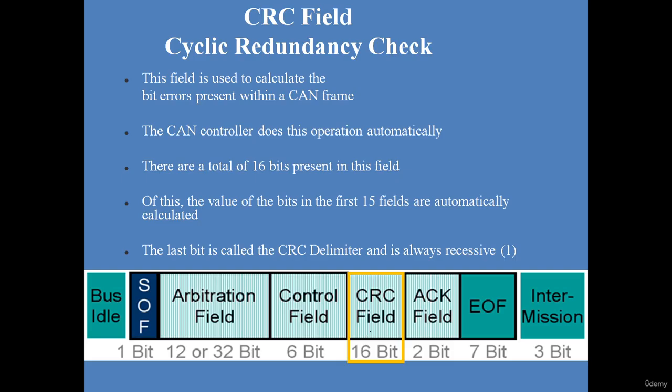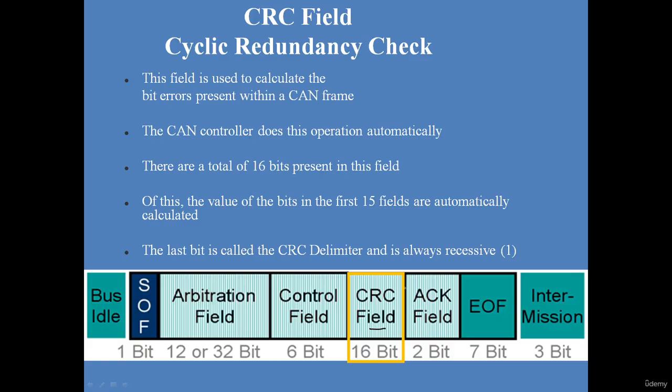The CRC field is 16 bits. This field is used to detect bit errors present within a CAN frame. The CAN controller does this operation automatically. There are a total of 16 bits present in this field. Of this, the values of the first 15 bits are automatically calculated. The last bit is called the CRC delimiter and is always recessive.